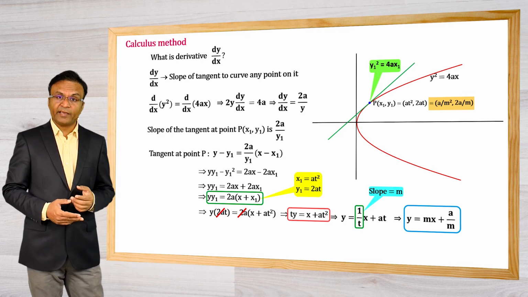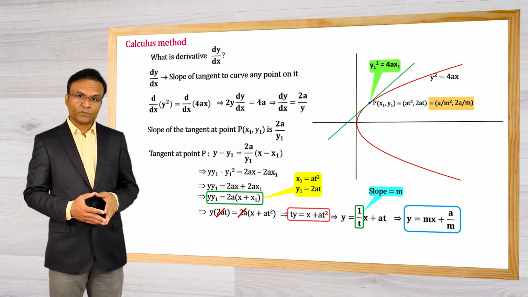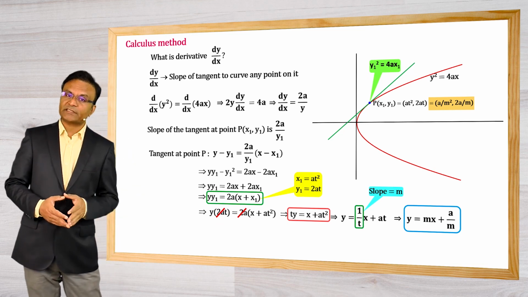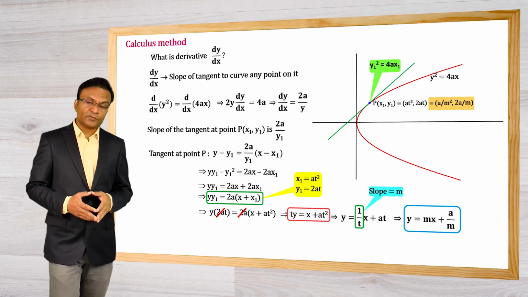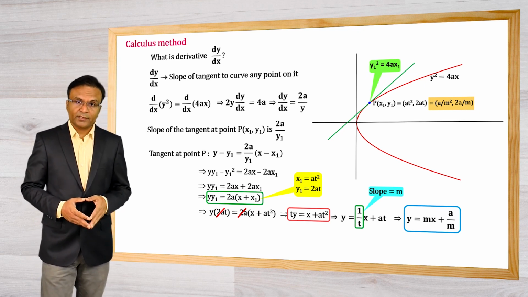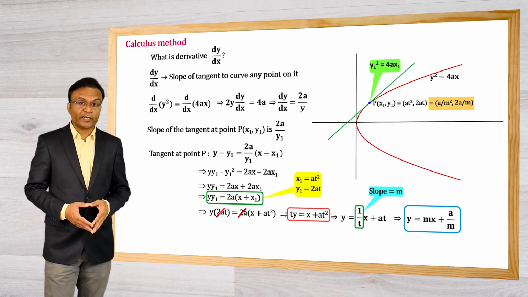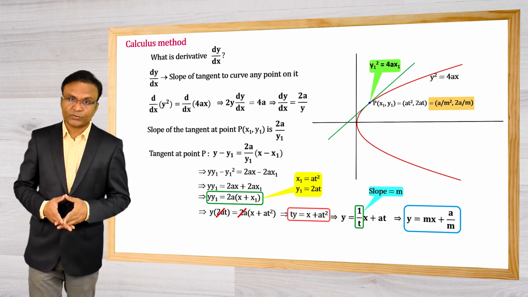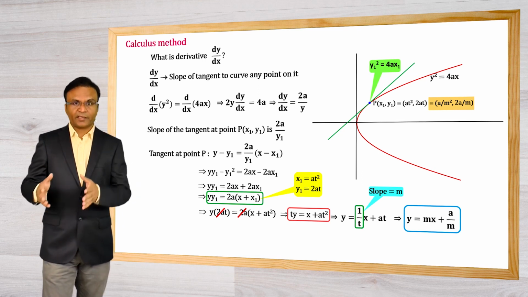So here we have reverse method. We started with slope of the tangent, which is 2a upon y1, and we got the equation of tangent in terms of slope m. So when you want to find the equation of tangent, you can use calculus method also. We will see how to use these methods in the coming examples.